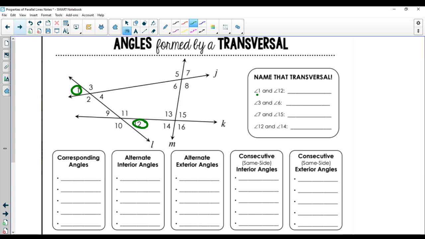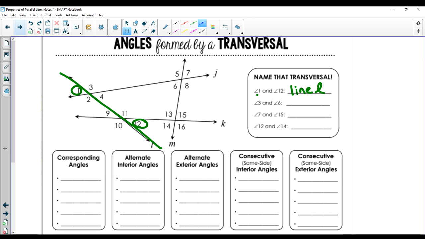So if we look at angle 1, I can see that it's a part of this line J and a part of this line L. That's it, J and L. Okay? Angle 12, it's also a part of L, and it's a part of K. Which one of those is in common? It's this line L. It's the only one that both of those lines fall on. So we would say line L is the transversal. Okay?